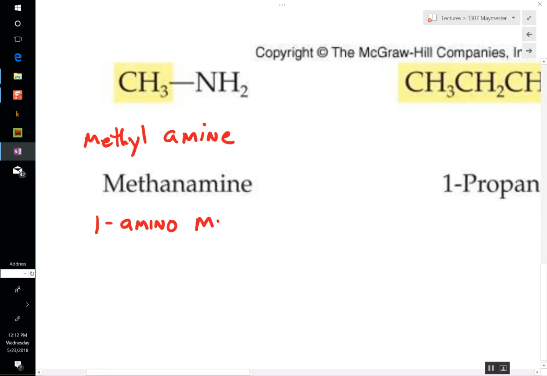Methane. So this is a common name. This is an IUPAC name. And this is an IUPAC name. Methanamine.